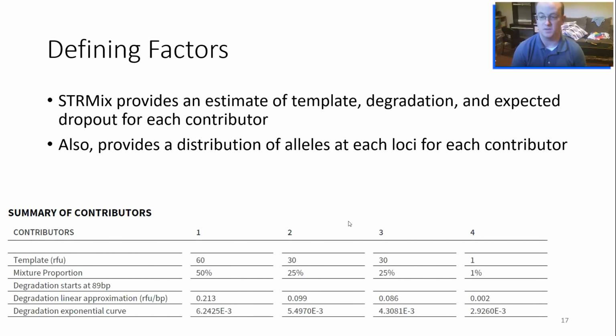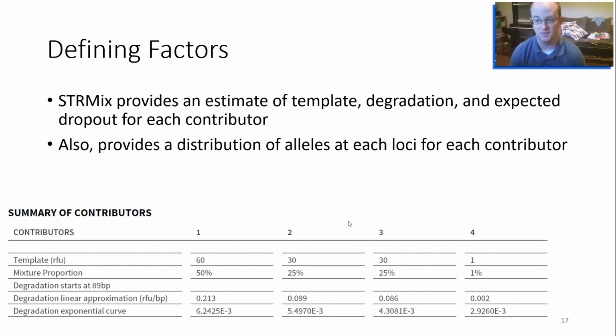But we know that the distribution of LR values provided by StarMix will vary from one scenario to another. Whether you have high template, high quality, and a low number of contributors, like 2 contributors, will have a different behavior than situations where you have very little DNA that's degraded and a larger number of contributors, like 3 or 4.